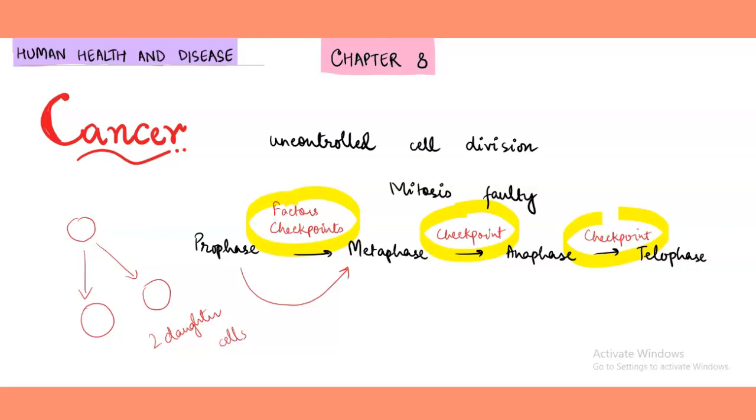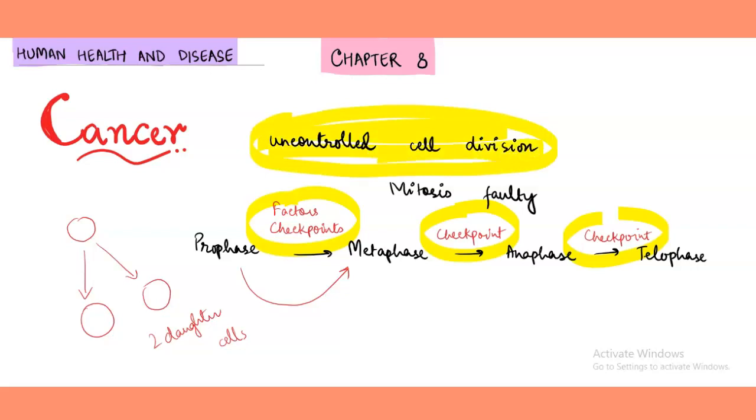All the chromosomes have not been arranged on the equator and they have moved to different poles. So unequal chromosomes may reach the opposite poles, and this may lead to more than 2 daughter cells. And this disease is known as cancer, wherein uncontrolled cell division may happen. This is the key word for this disease.